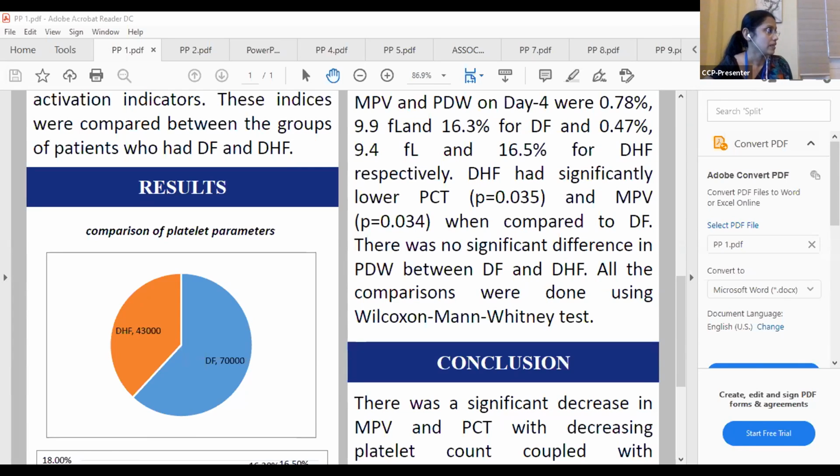Not really, but when plateletcrit is low, we know this patient has a low platelet count, and actually not as a single value. When compared with the other indices, other studies have found PDW also has significance. If we compare with them also, then we can get an idea, taking it as a whole, overall, not the single value. Thank you. Thank you, sir.